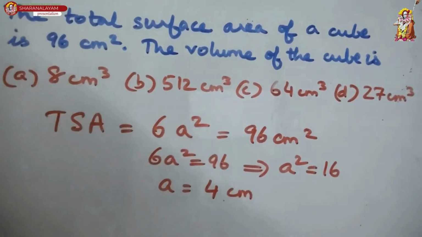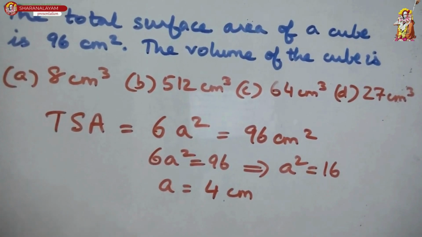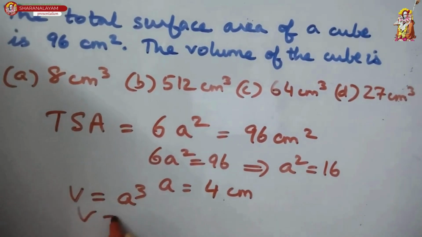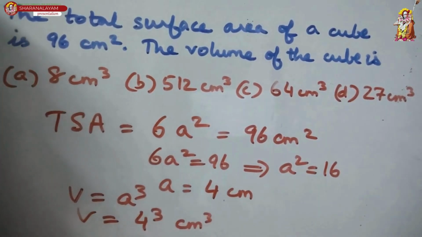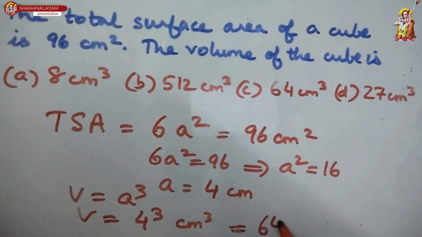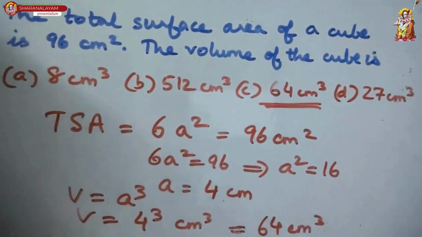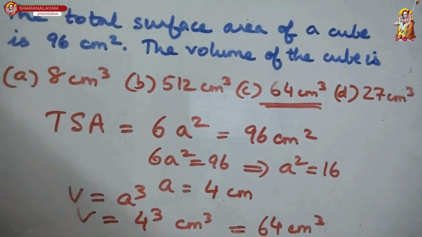So, a is equal to 4 centimeters, volume is equal to a cube. Volume will be equal to 4 cube centimeter cube, which is equal to 64 centimeter cube. So, option C is the correct one.